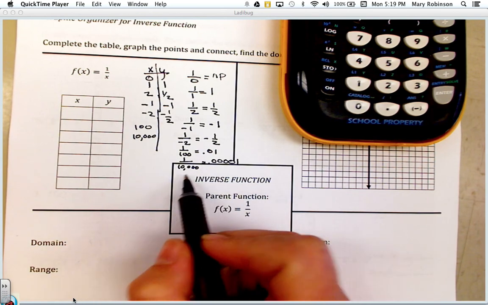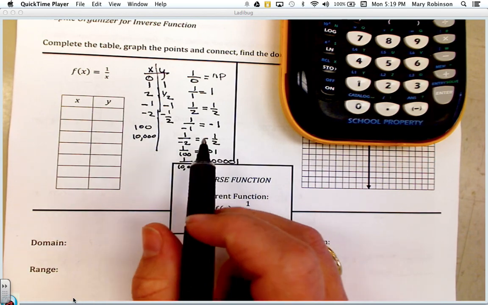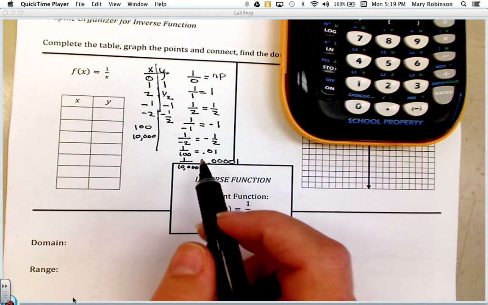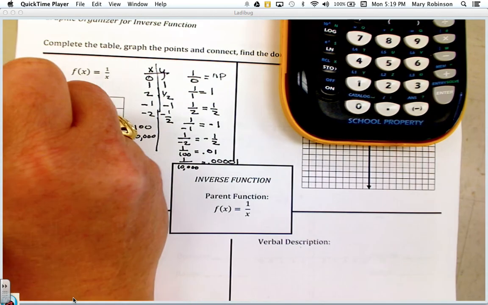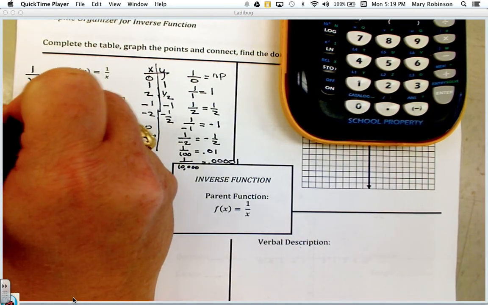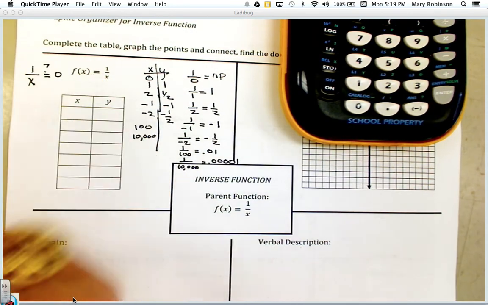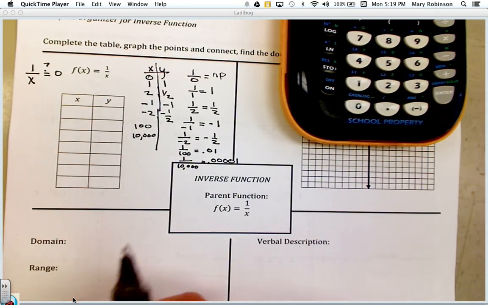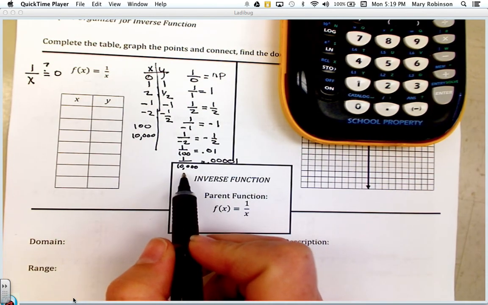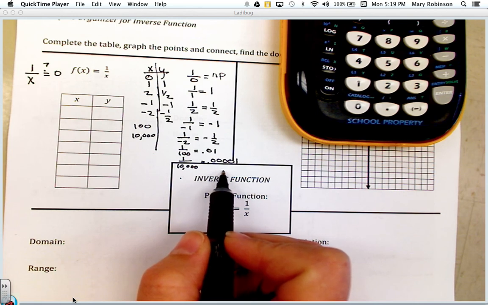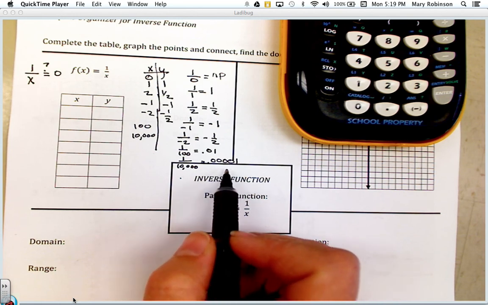Is there any number for x that would make it equal 0? I don't believe so. We could not come up with an x value that would make the function's value equal 0. So what we see is that as x gets larger and larger, the output value gets increasingly smaller. That means it's going to be approaching a limit.